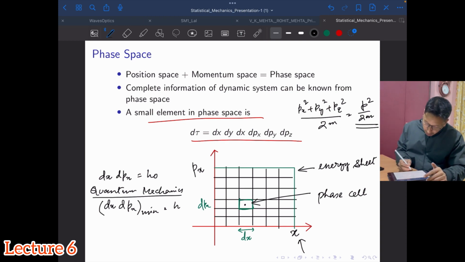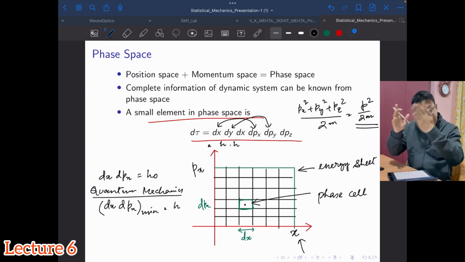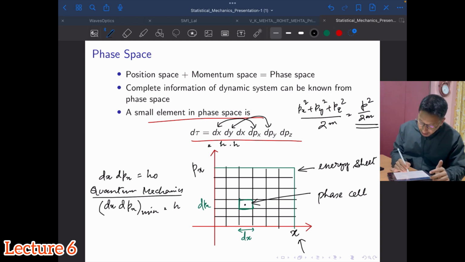Gathering all the information we have learned, the volume element, or the minimum size of the phase cell we can have, this d tau that we talked about: dx into dpx will give you one h. Similarly, dy and dpy will give you one more h, the minimum area in that y energy sheet. Here dx is written, but this has to be dz.